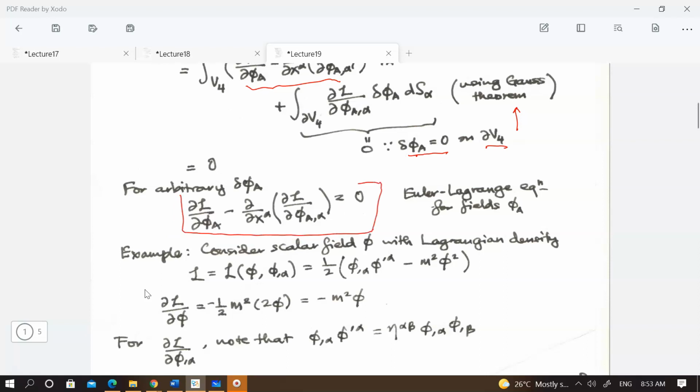And we are going to apply this to two types of fields later on. One is a scalar field. The other one will be a vector field, which is coming from your four potentials, A alpha, for your EM field. So there will be two types of examples that we want to do.